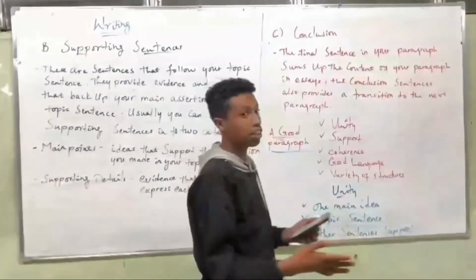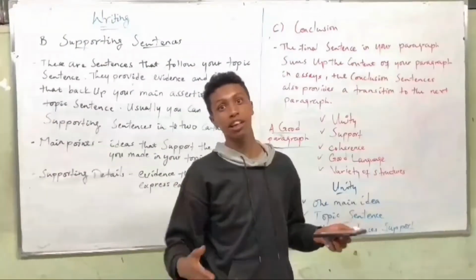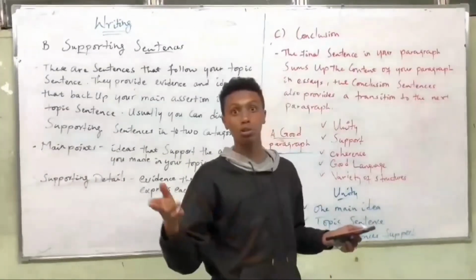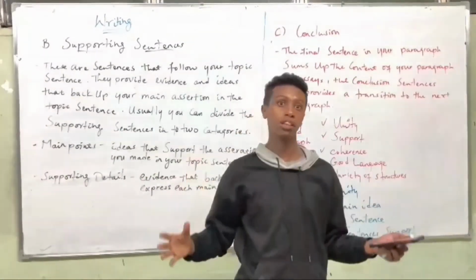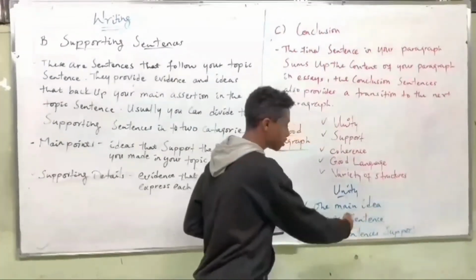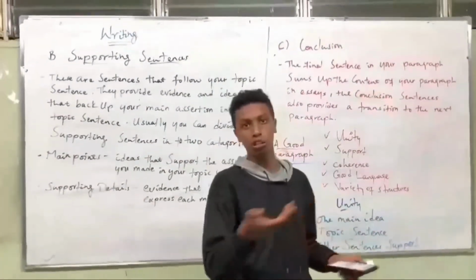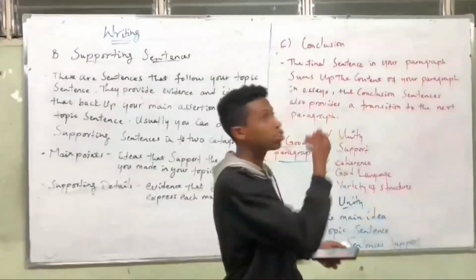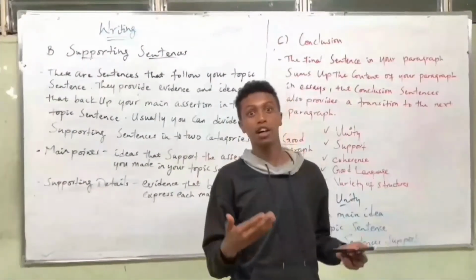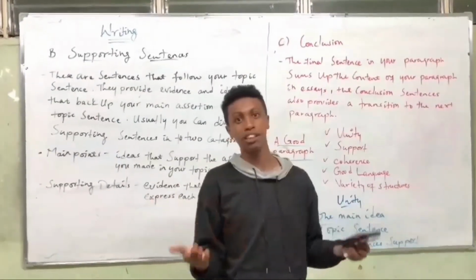One main idea: it has a single main idea, and the whole paragraph deals with that. One topic sentence, which is supported by the supporting sentences and the conclusion. And the other sentences, as I mentioned before, the conclusion and the supporting sentences, just support the idea of the topic sentence or the main idea.